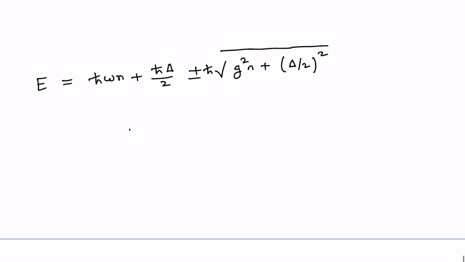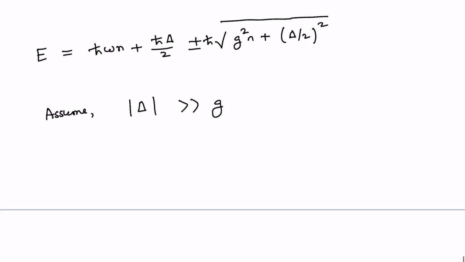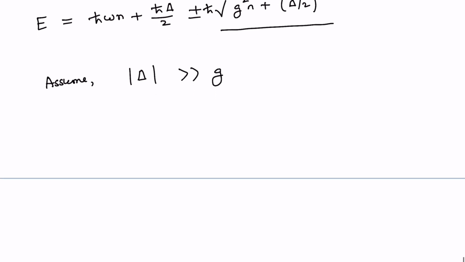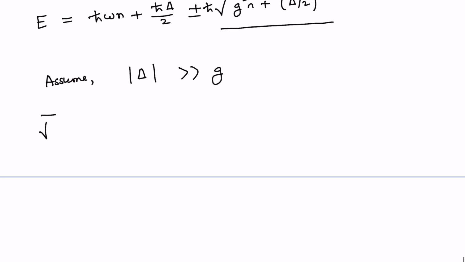Now we are assuming that the magnitude of this detuning parameter delta is much greater than this coupling parameter g, and this is the dispersive case. Then I can expand this particular term using Taylor's expansion. So let me do that first.